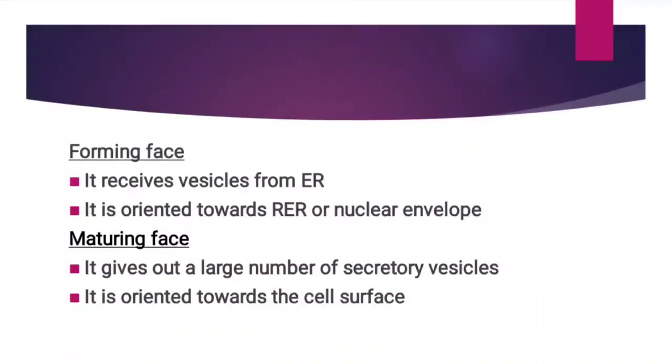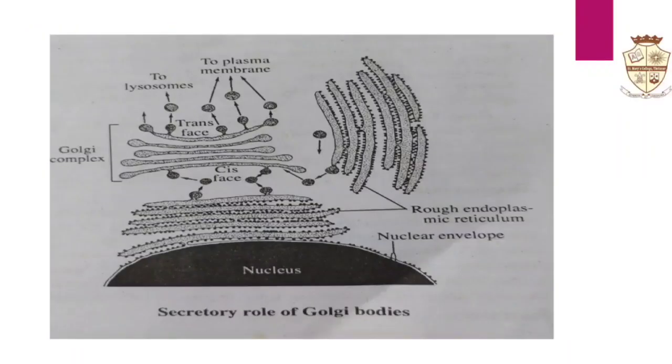Forming phase receives vesicles from endoplasmic reticulum and it is oriented towards rough endoplasmic reticulum or nuclear envelope. Maturing phase gives out a large number of secretory vesicles, and it is oriented towards the cell surface. This picture shows the secretory role of Golgi bodies.